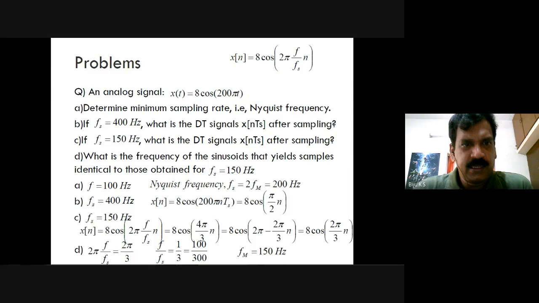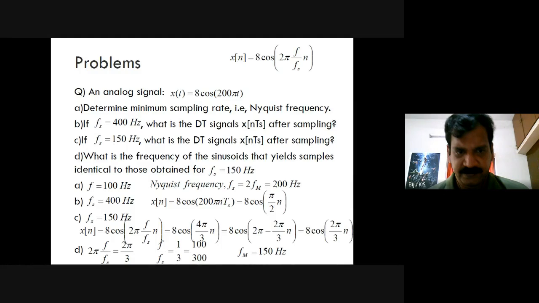And if fs is 150 hertz, what is the discrete signal? This is known as x of n after sampling, the discrete signal. What is the frequency of the sinusoid that yields samples identical to those obtained with fs equal to 150 hertz?